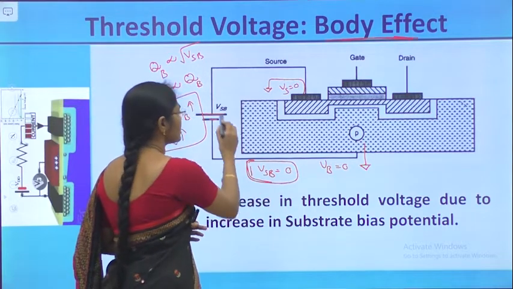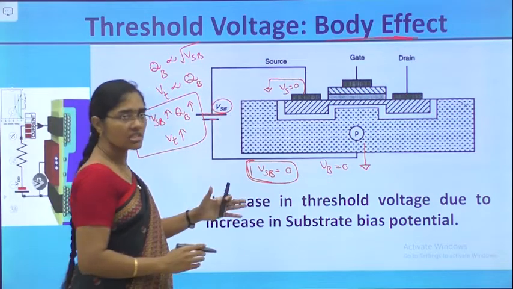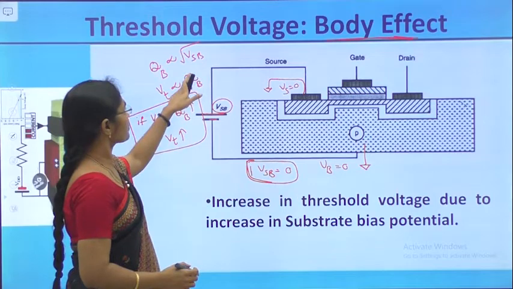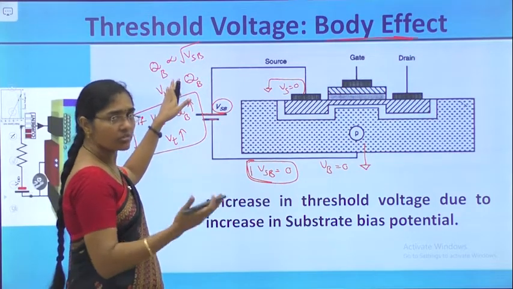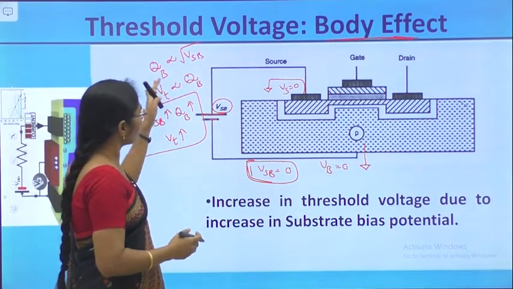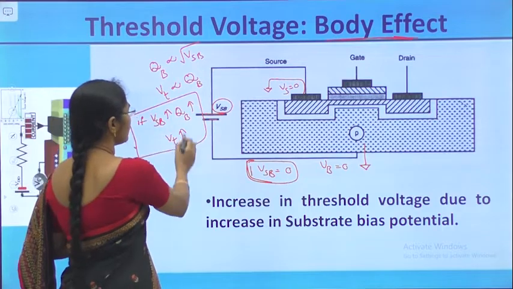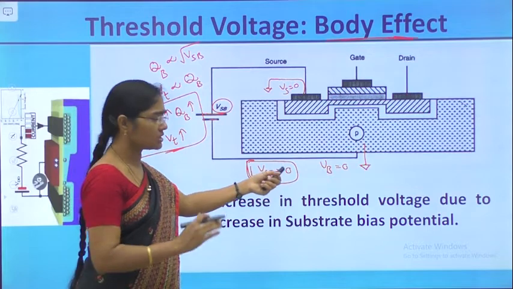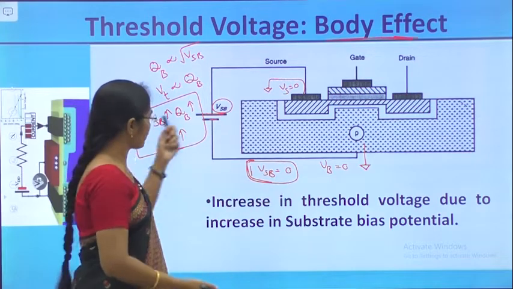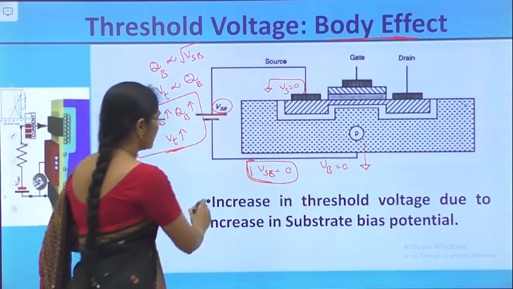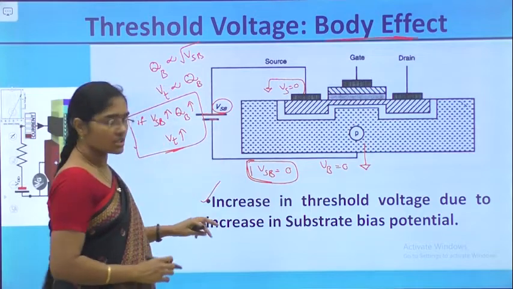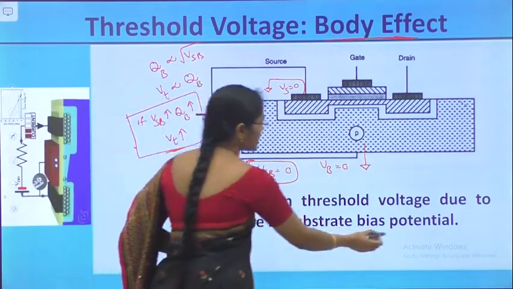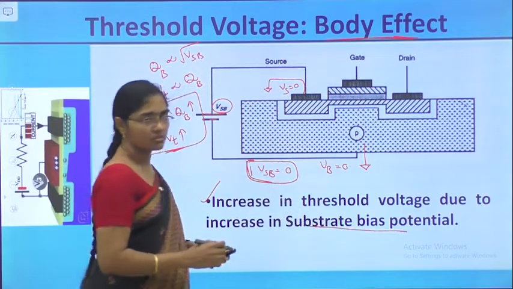Because of any reason, if VSB changes from that 0 value, since QB is proportional to VSB, VSB changes QB, and QB changes the Vt. So if VSB changes, Vt changes, and that too, other than 0, it will be an incremented value. Therefore, Vt will be in the incremented value. That is called body effect: the increase in the threshold voltage due to increase in the substrate bias potential.